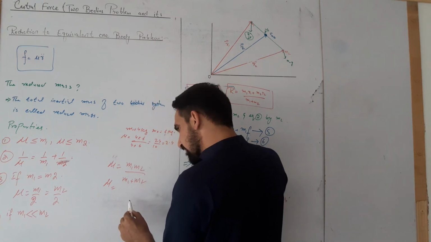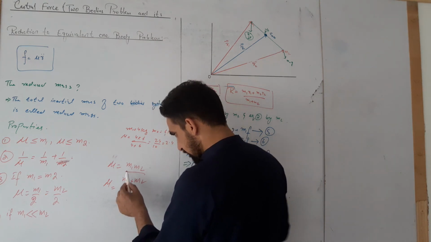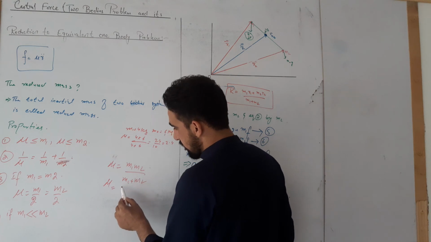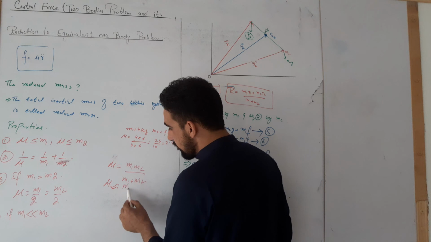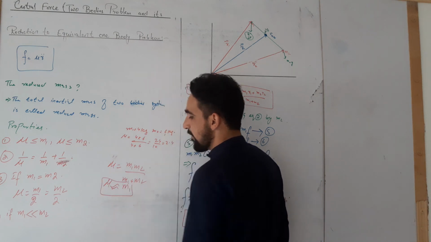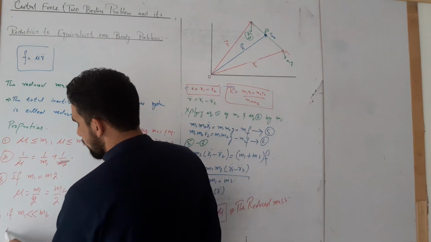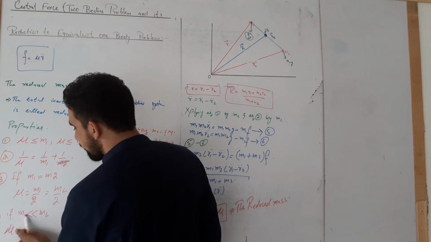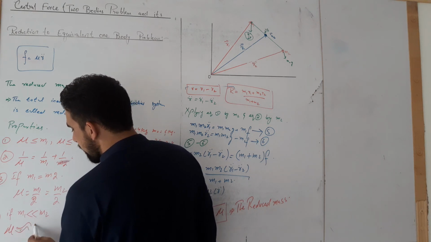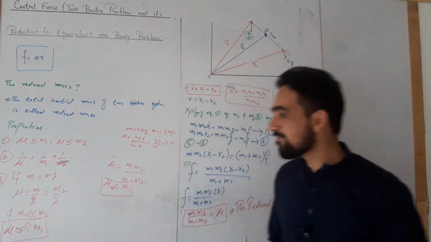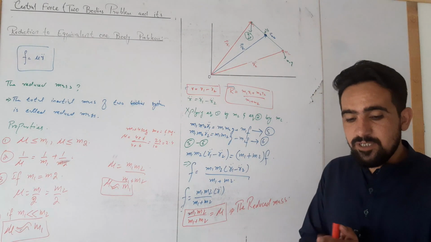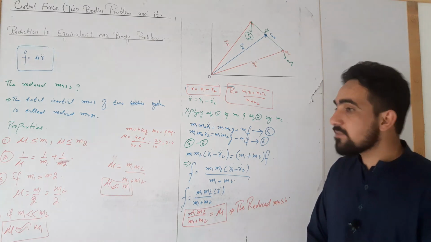So we will have reduced mass nearly equal to m1. Okay, so mu is nearly equal to m1 in this case. Okay, so these are a few properties associated with reduced mass.